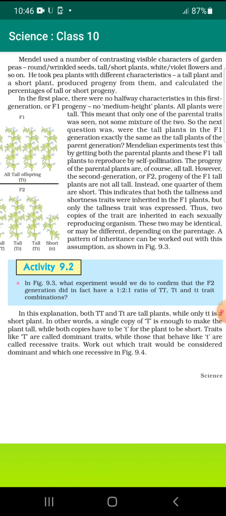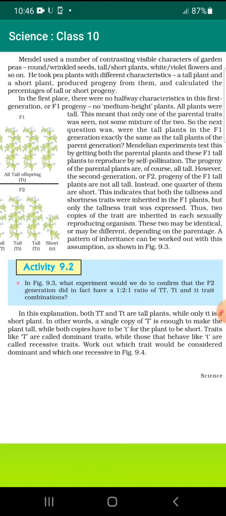In the first place, there were no halfway characteristics in this first generation, or F1 progeny, no median height plants. All plants were tall. This meant that only one of the parental traits was seen, not some mixture of the two.